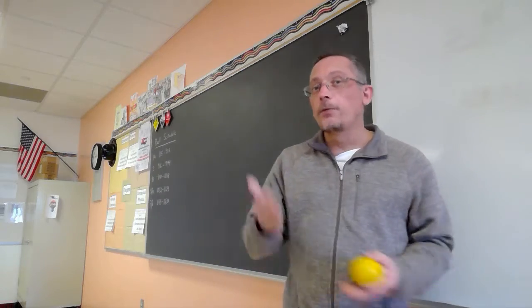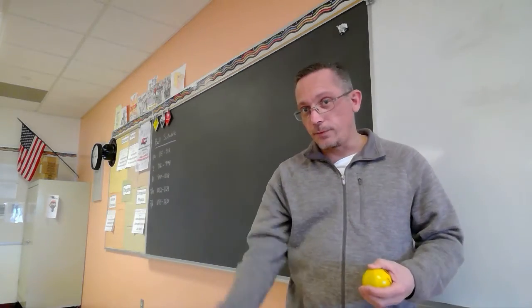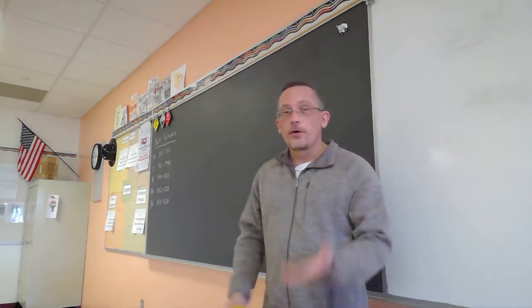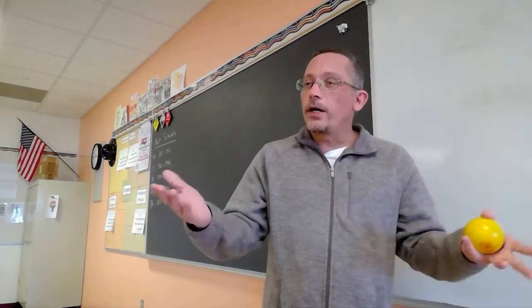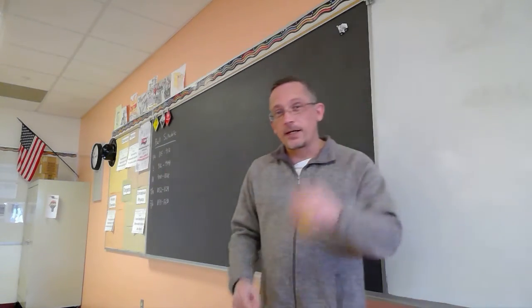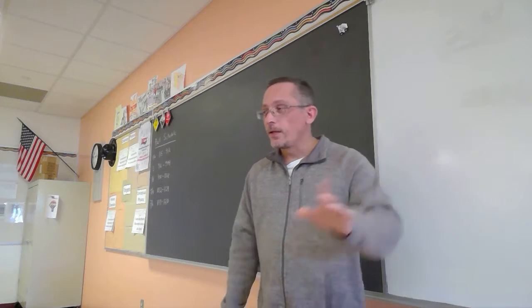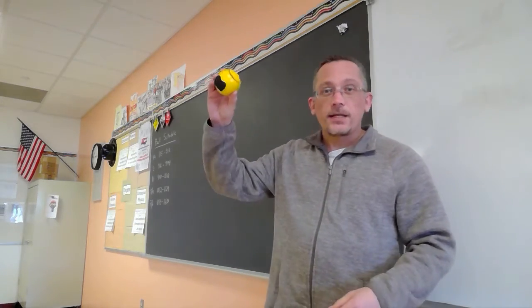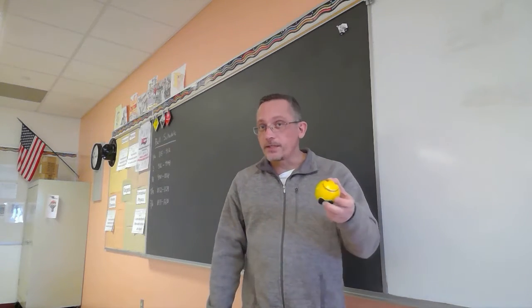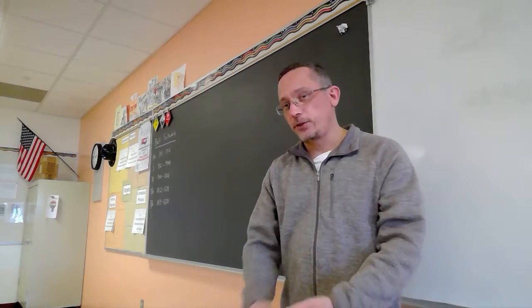What happens to its potential energy as its height becomes less and less? The potential energy goes down. But where does that energy go? As the potential energy decreases, its velocity is increasing. It's accelerating towards the ground.